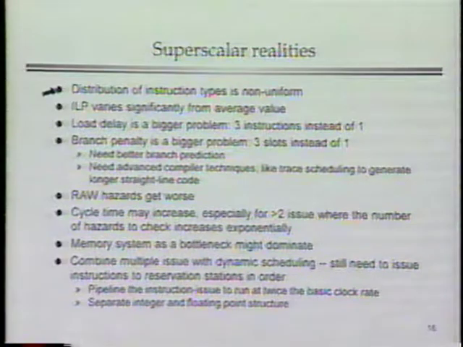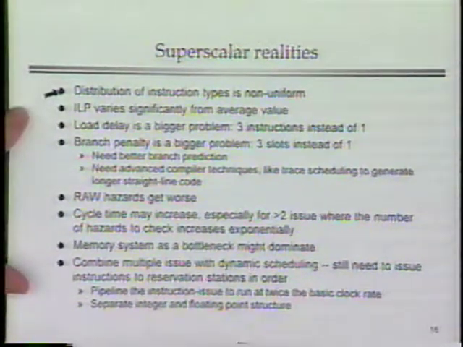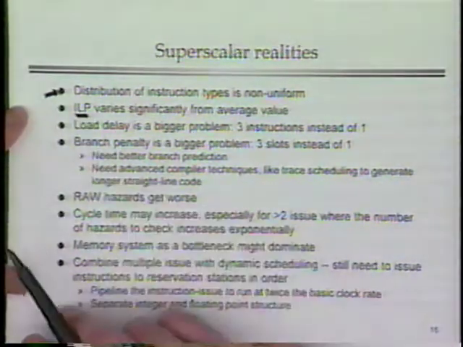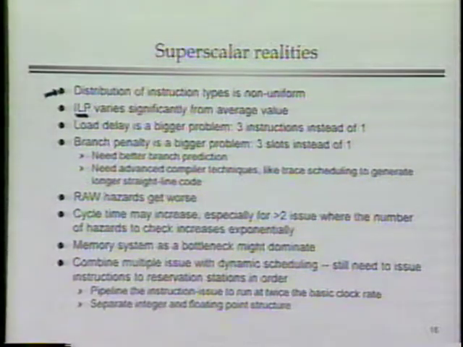So as you do that, the performance of the machine varies a lot from program to program based on the kinds of instructions and the opportunity to do instruction level parallelism within that program. So the performance of a superscalar machine could in fact have a much higher variance than a conventionally pipelined machine.